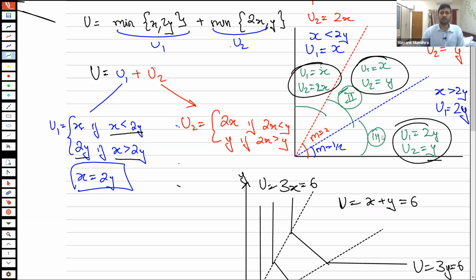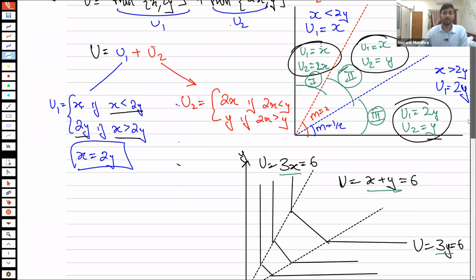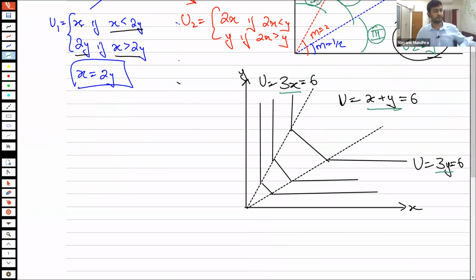And then I just add these things up. This is region 1. Okay, so you have three regions and different utilities in different regions. So here you have the final utility as x plus 2x, that is 3x, then x plus y, and 2y plus y. So these are going to be the utility values in the three different regions.